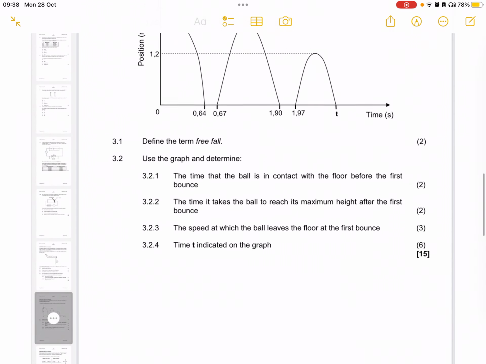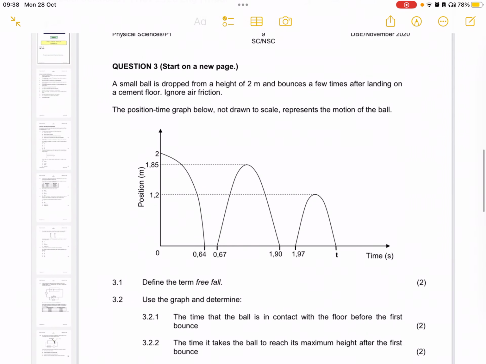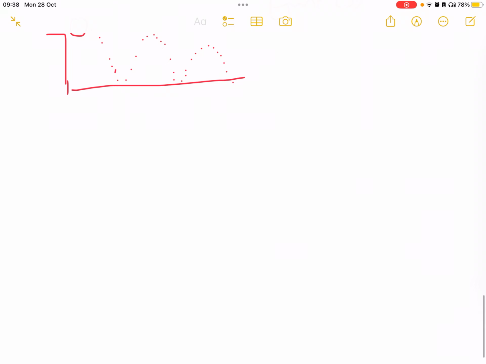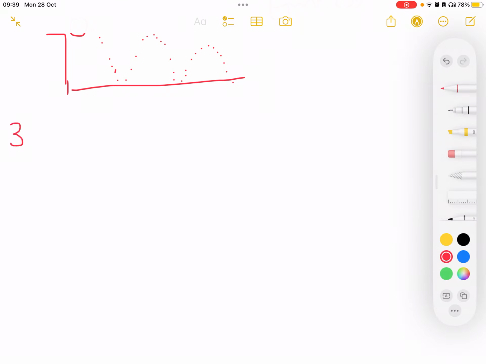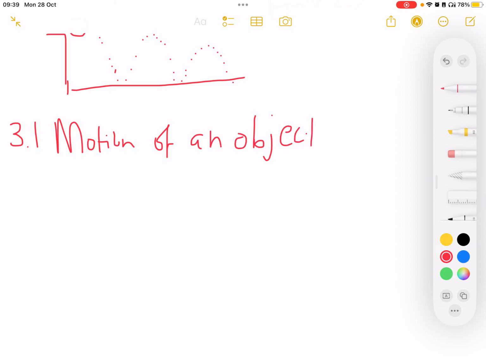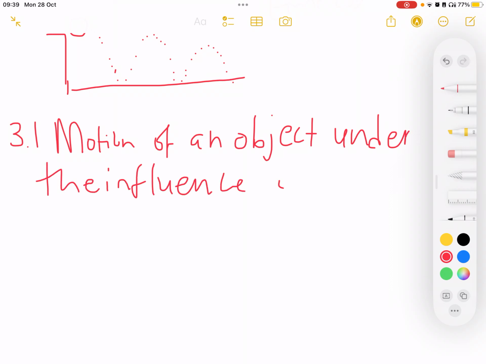Right. Now, the first question wants us to define the term free fall. That's 3.1. Free fall. If we define free fall, we can say this is motion of an object under the influence of gravity only.